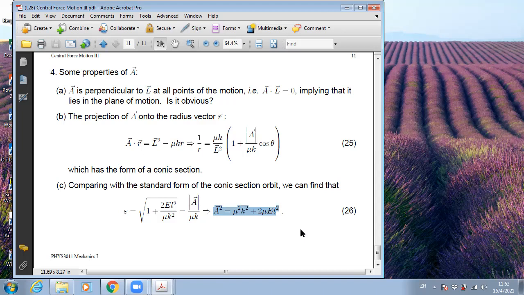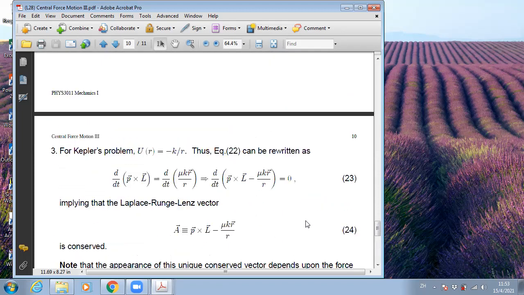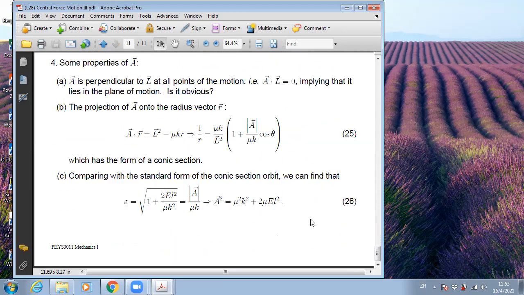Can you follow me? That means we can define the energy unit. So this is a very nice constant of motion, and it is due to the accidental symmetry. All right, so far, any questions?